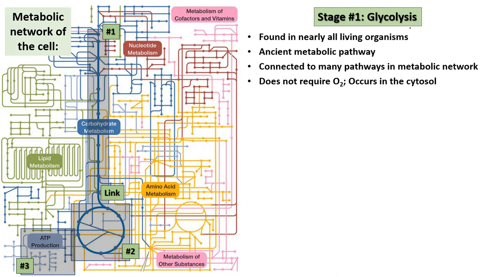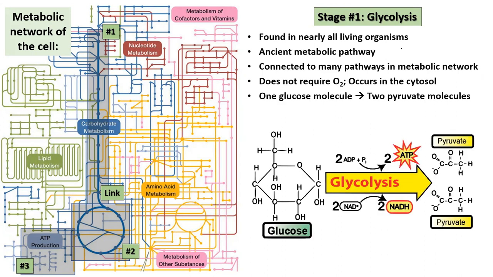The process of glycolysis does not require oxygen, and when we're talking about eukaryotes, it occurs in the cytosol. In very general terms, what we're doing is we're starting with one glucose molecule, which is oxidized to 2 pyruvate molecules.